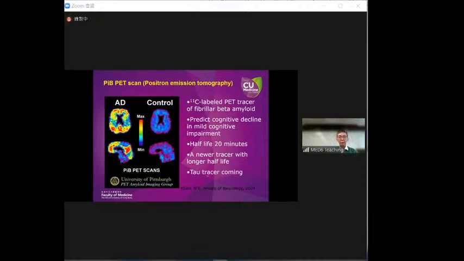And now there's another PET scan for abnormal tau. So in addition to beta amyloid accumulation, we can also tell if some parts of the brain have been affected by neurofibrillary tangles, okay? So we have very good PET scan technology to diagnose Alzheimer's disease.